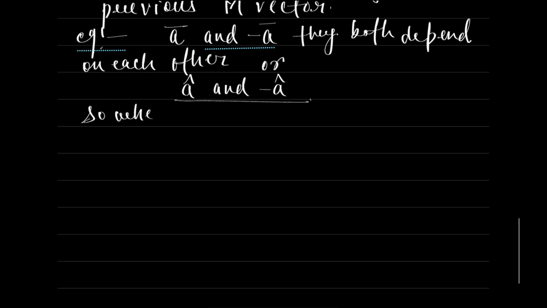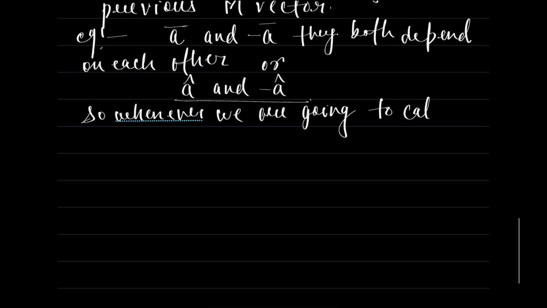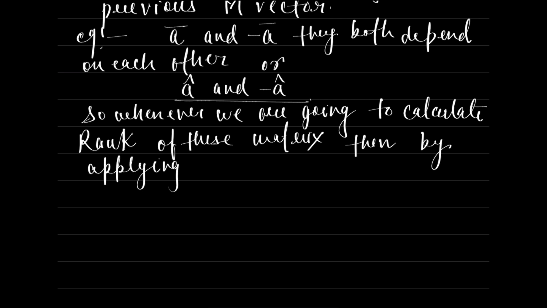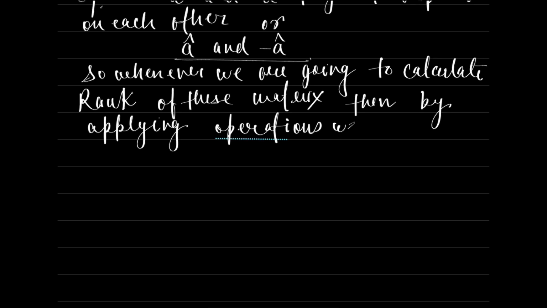So when we are going to calculate the rank of these matrices, then by applying operations, we get the negative vectors as 0.